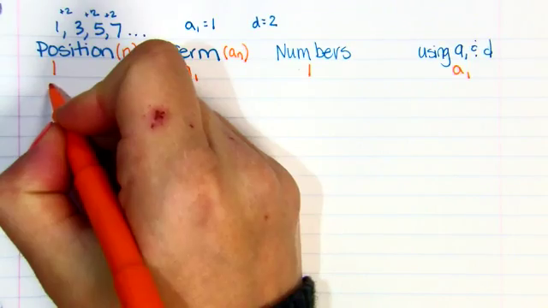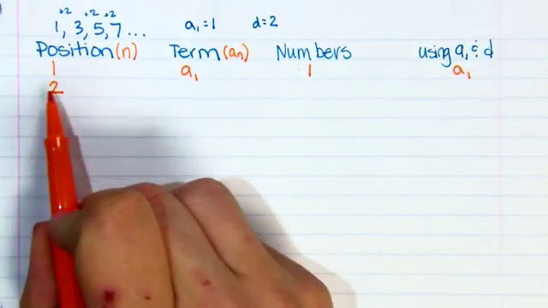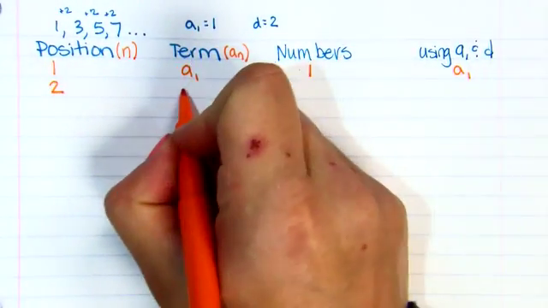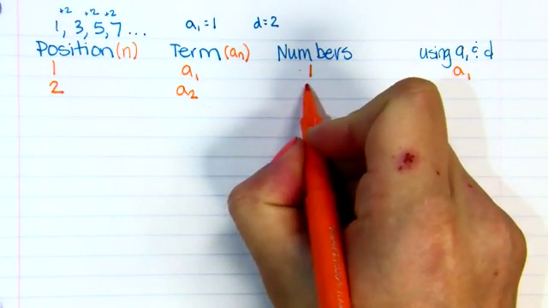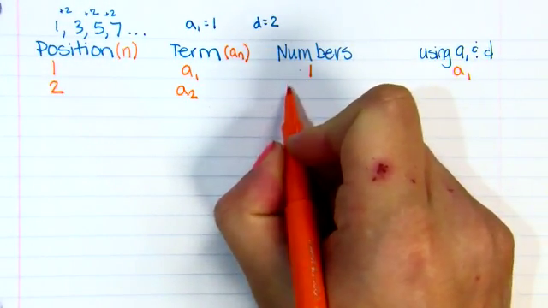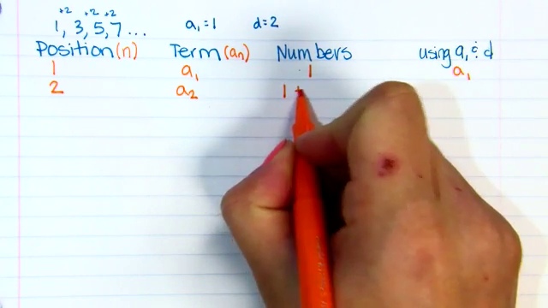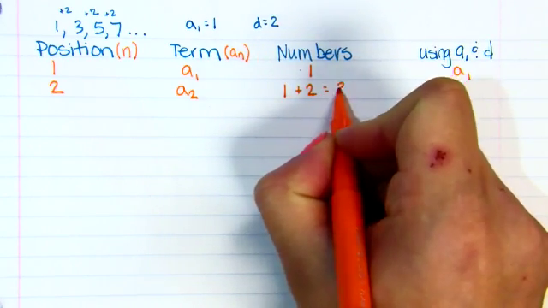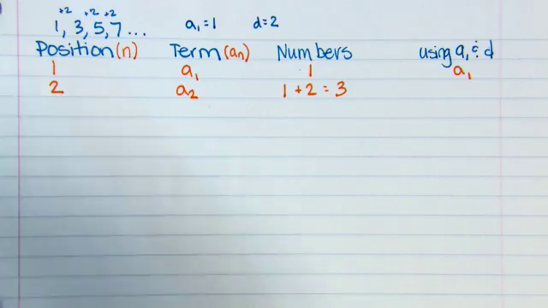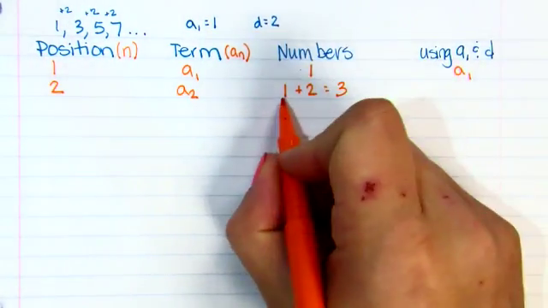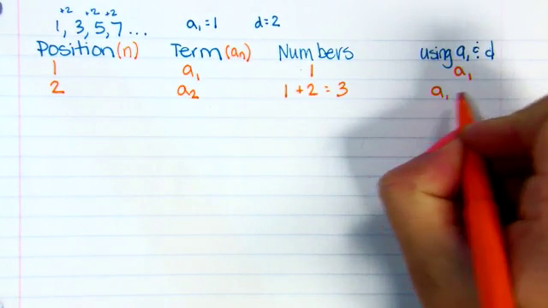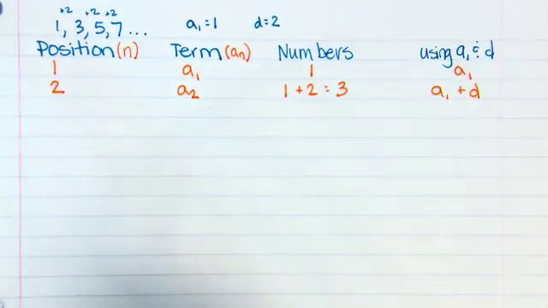My second number, or my second position, is a sub 2. Using numbers, that's just 3. It's 1 plus 2, which is going to give me 3. Using a sub 1 and d, then, I'm taking my first term and I'm adding d one time.